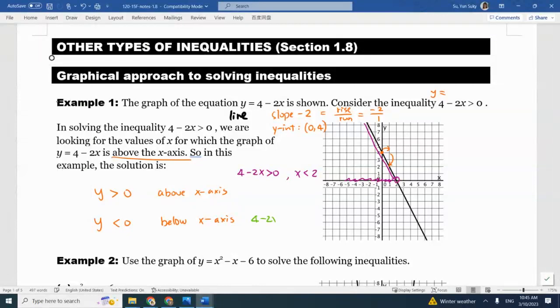All right. Now how about 4 minus 2x less than 0? That is below the x-axis. Right, everybody? That's below the x-axis. And then when they want to find the x values, the x value will be greater than 2.